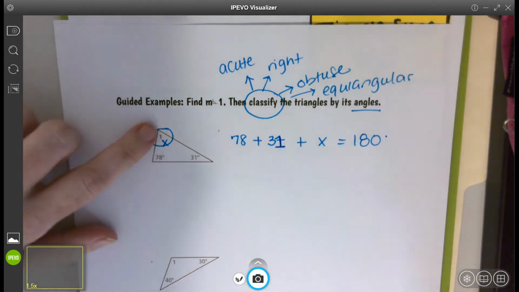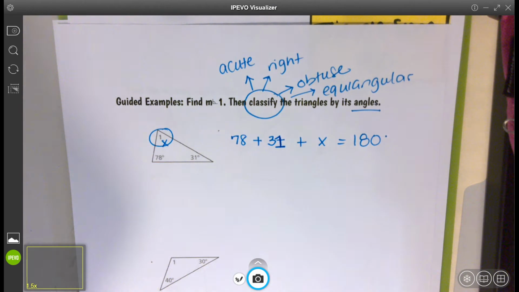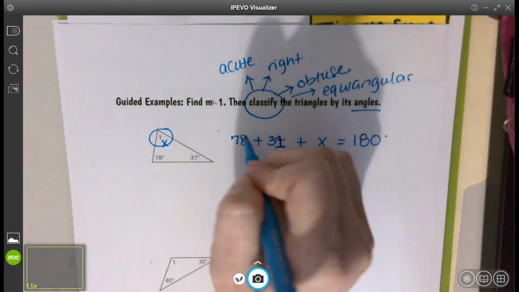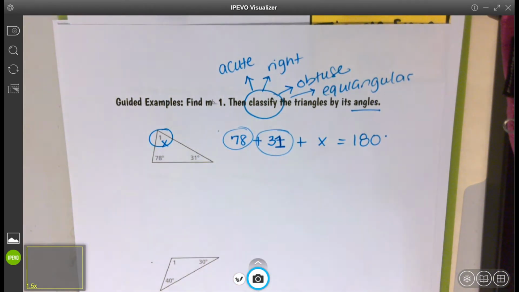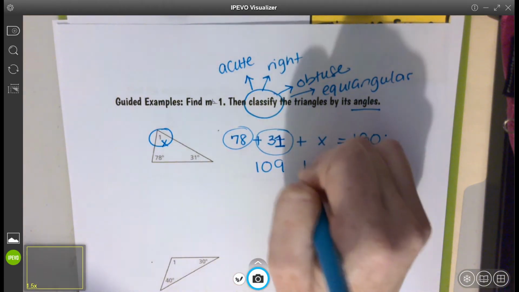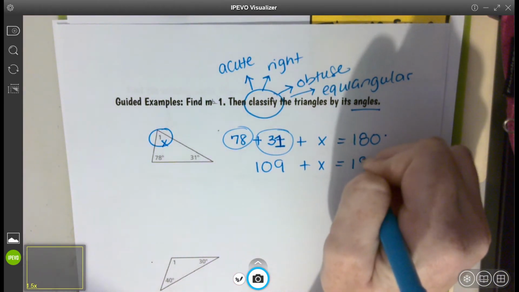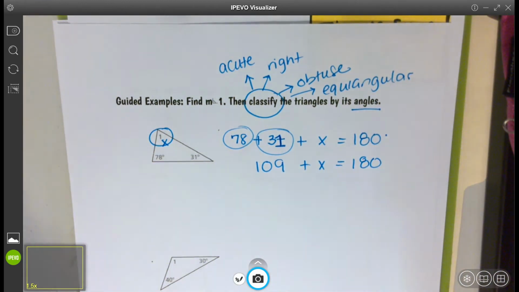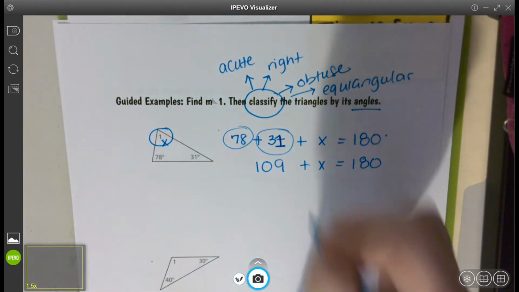So again, my angle 1 is my unknown, so I'm calling it x. So I'm going to add my like terms, and here that's my constant. And when I add them up, I get 109. And now I'm going to subtract 109 from both sides.